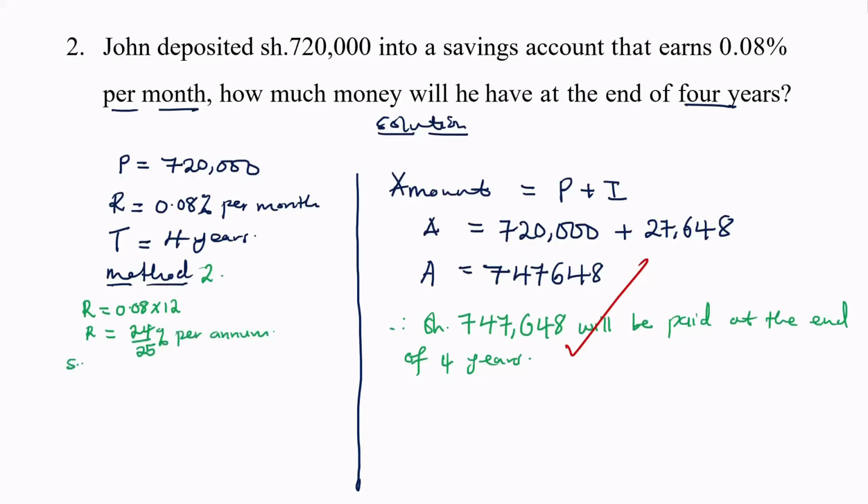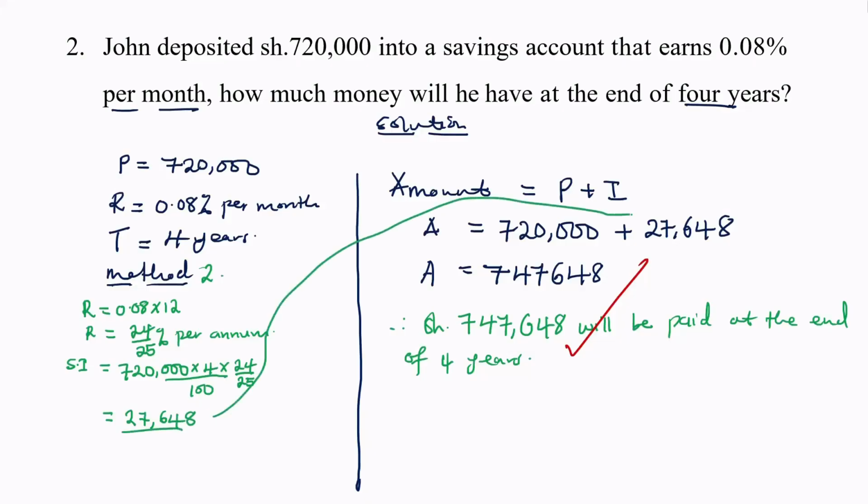Therefore, simple interest equals our principal, 720,000, multiplied by our time, 4 years, then multiplied by our rate, 24 divided by 25, still divided by 100. When I compute this, I'm getting 27,648. So we can see that the answer is the same as the one we got in the first method.